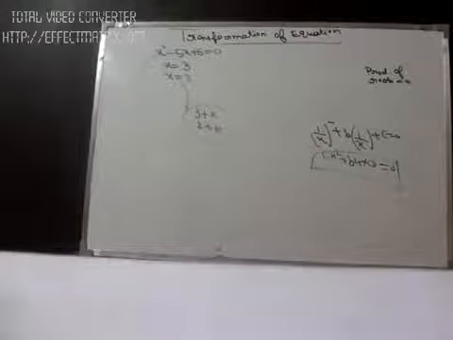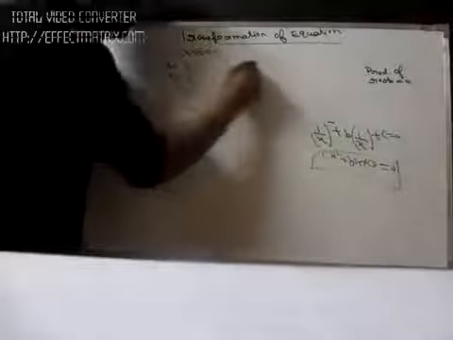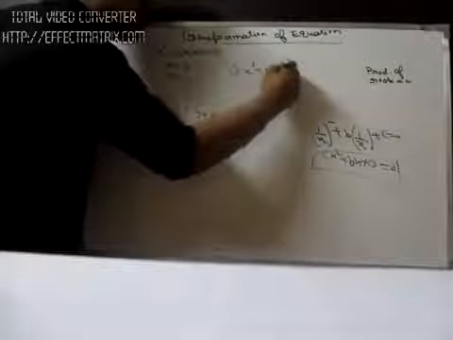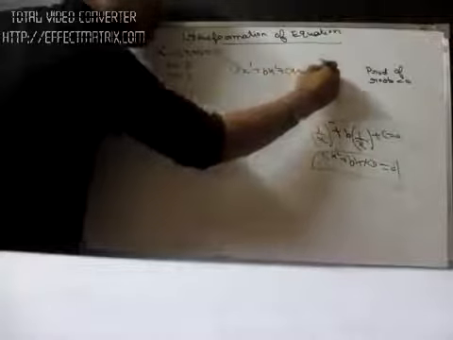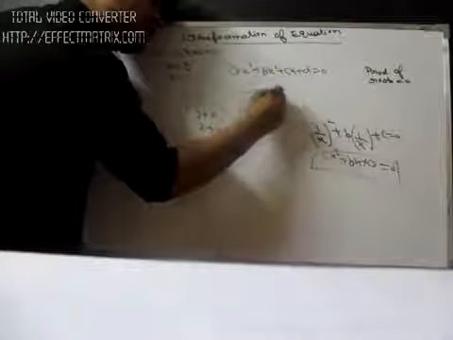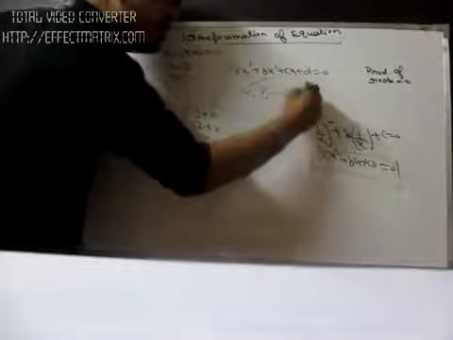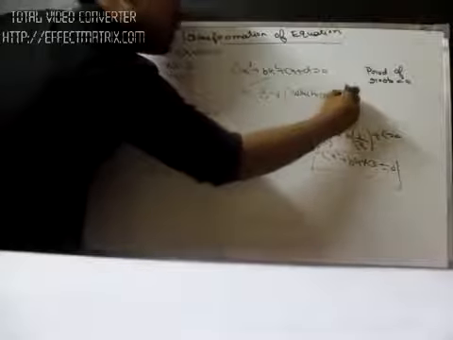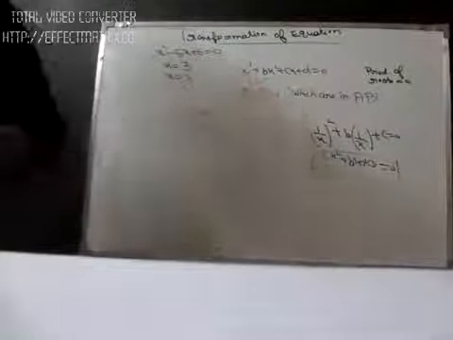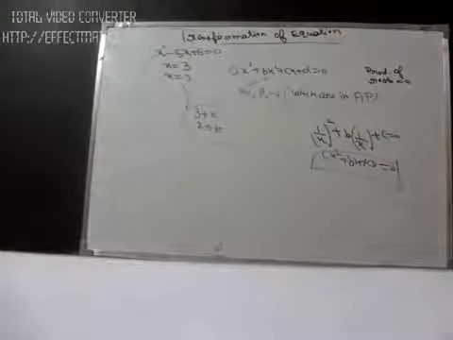Like any equation ax cube plus bx square plus cx plus d equal to 0 has roots alpha, beta, gamma which are in AP. These roots are in AP and we want to find an equation whose roots are in HP.